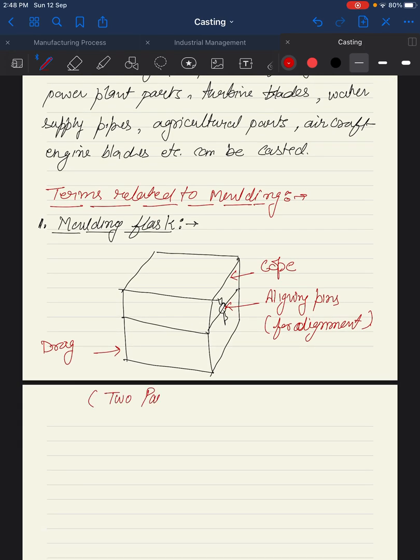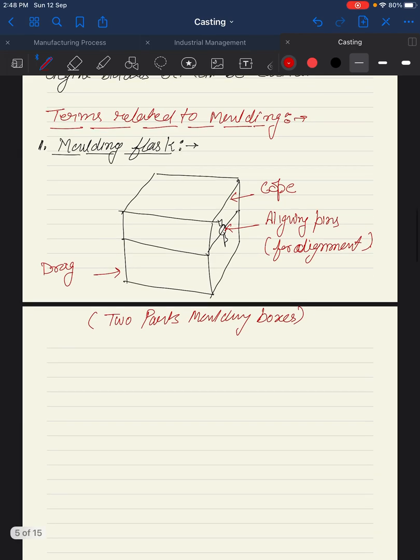Two parts molding boxes. The box like a frame without top or bottom.